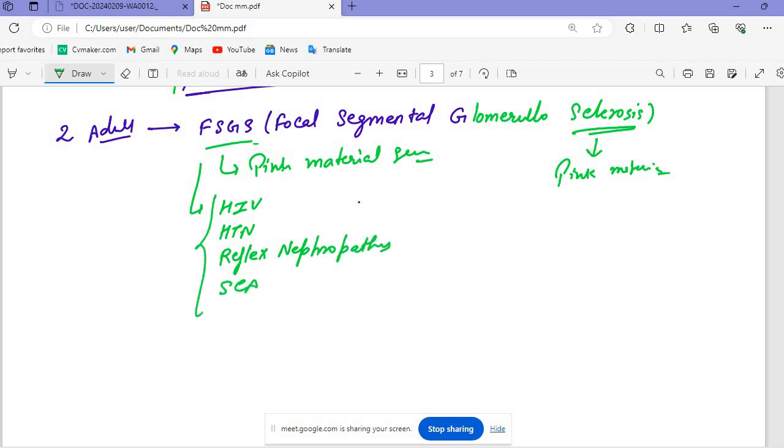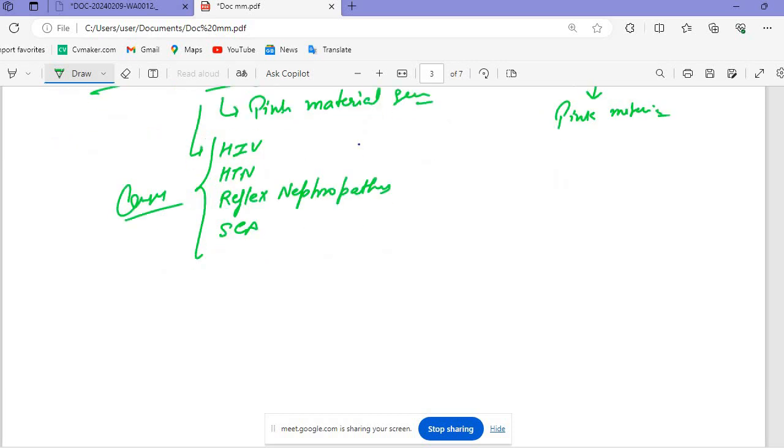These are the causes of focal segmental glomerulosclerosis. Also remember, this is the most common cause of nephrotic syndrome in adults, that is FSGS.